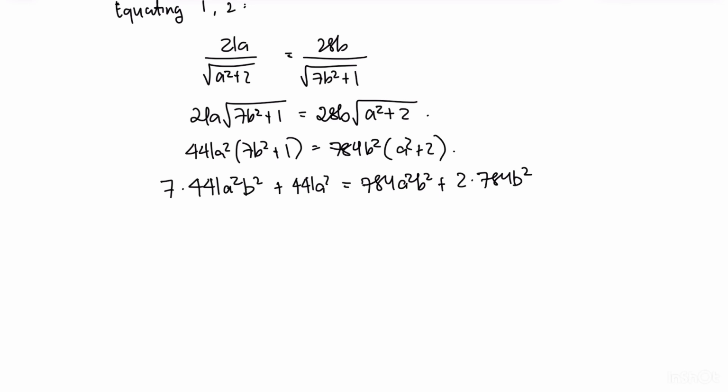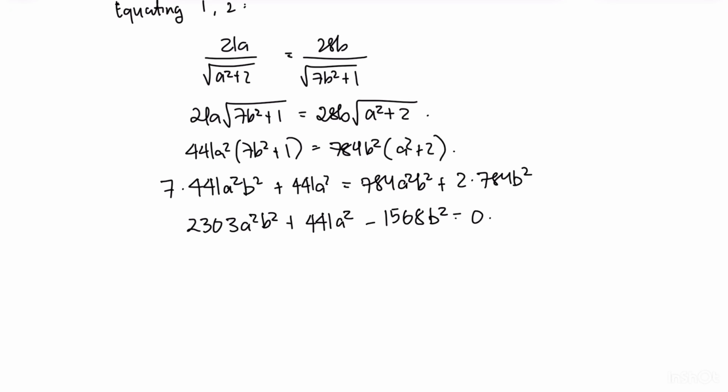So this will further simplify to 2303 a squared b squared plus 441 a squared minus 1568 b squared equals 0.